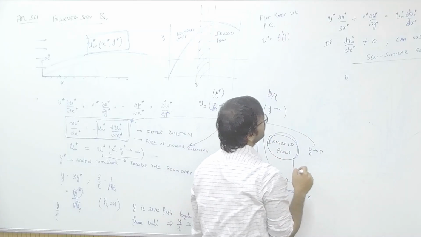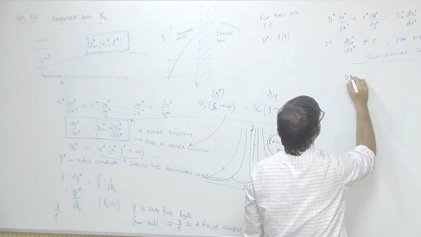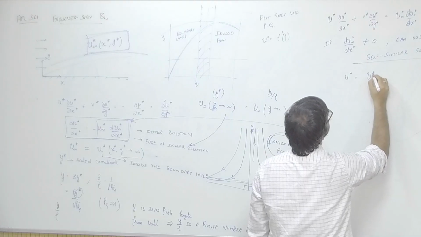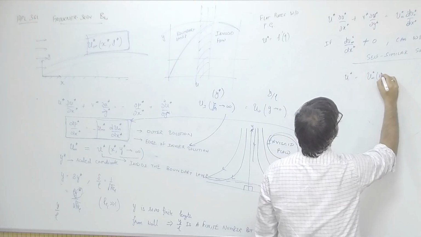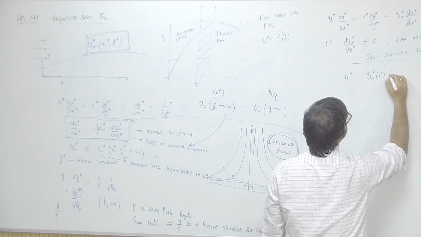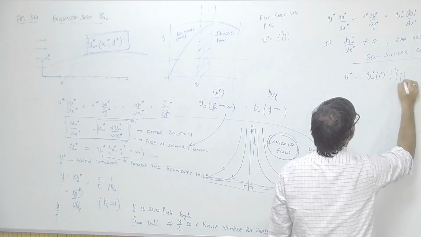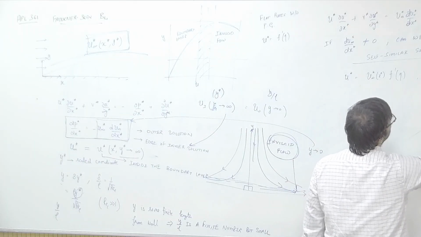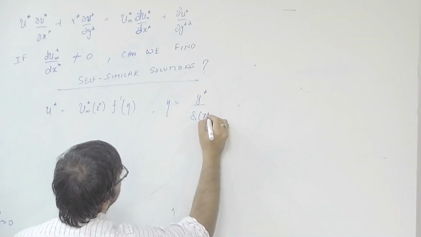Okay, this is how we wrote. So in this case, I am going to say u star is some u infinity star of x star, times this f prime of eta, where this eta is y star over delta of x star.